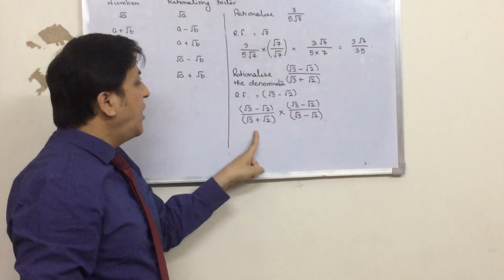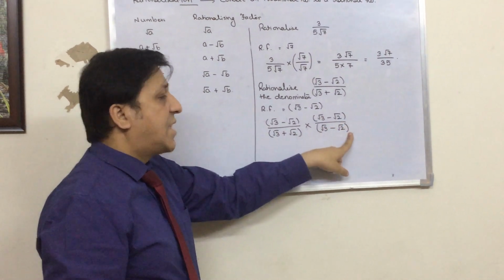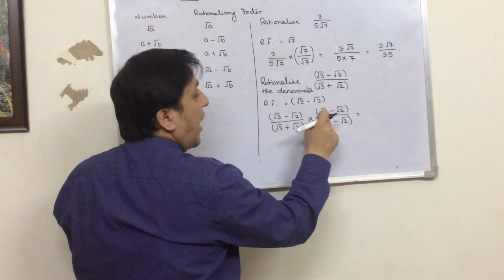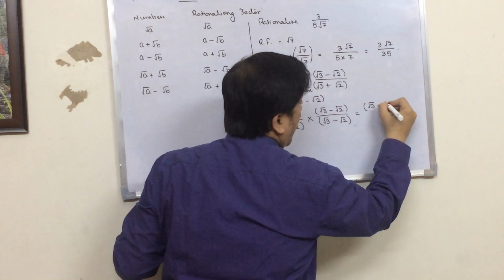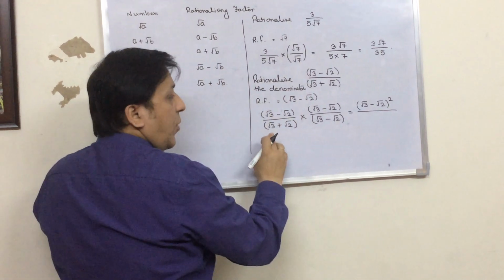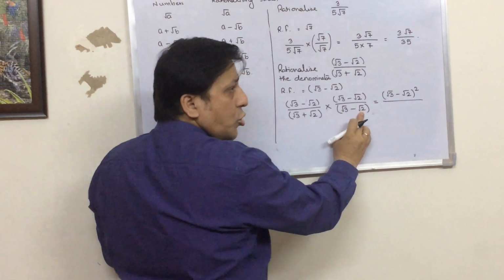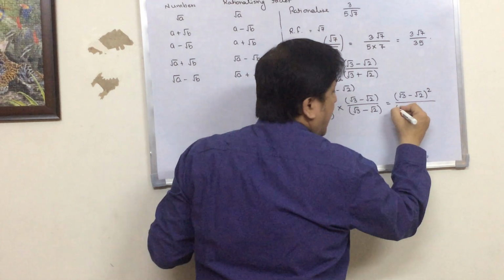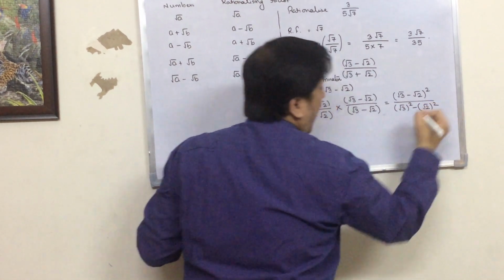Now under root 3 minus under root 2 multiplied by under root 3 minus under root 2 is nothing but under root 3 minus under root 2 whole square. And in the denominator, it is root 3 plus root 2 into root 3 minus root 2. Here the formula is a plus b into a minus b, which can be written as a squared minus b squared.